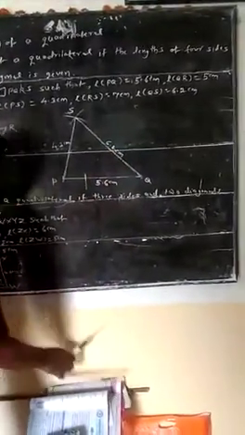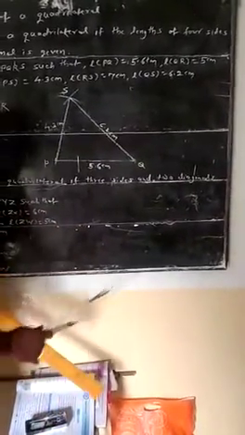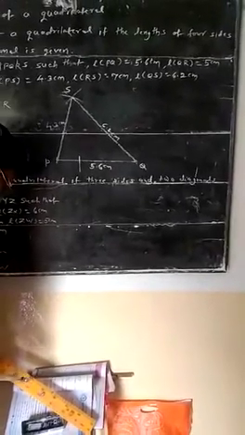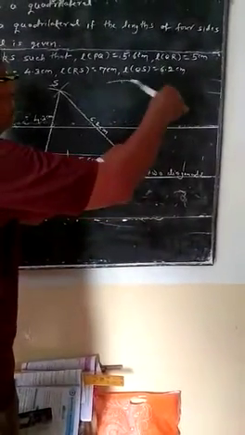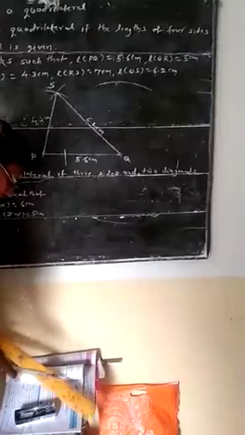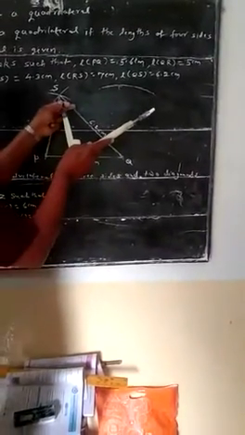Then take 5 centimeter in the compass. Put the point on Q and draw the arc, 5 centimeter. Then take 7 centimeter in the compass, put the point on S and draw the arc intersecting this one. If it is not intersecting, then again take it with the help of the scale.